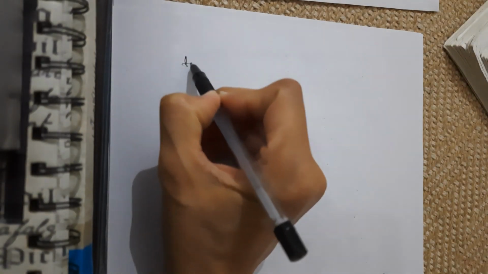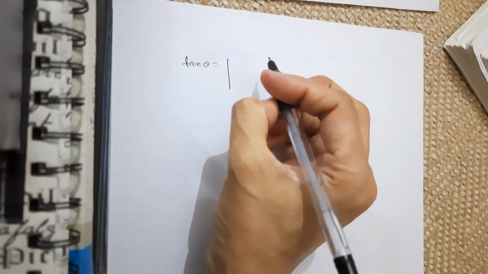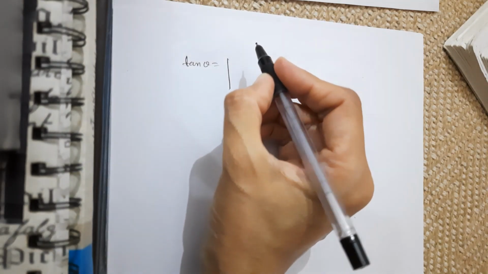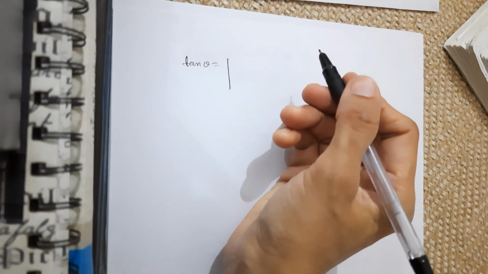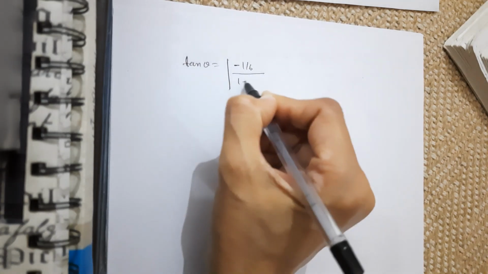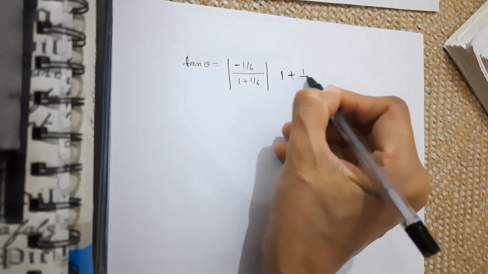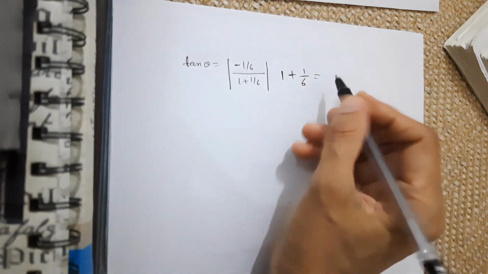So now what I get is here, we are getting tan theta equal to minus 1 by 6 upon 1 plus 1 by 6. Now again I need to add this 1 plus 1 by 6.